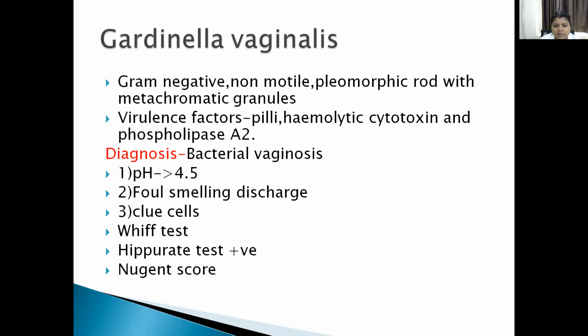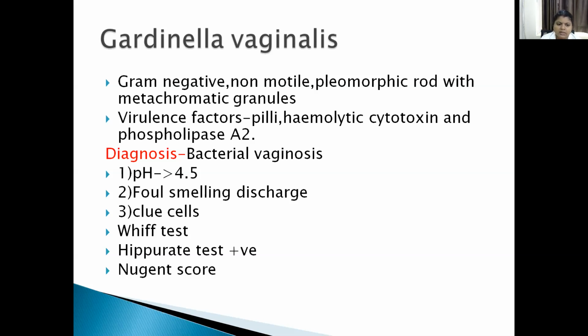It also presents with clinical features like pH of the vagina more than 4.5. Usually it is an acidic condition.